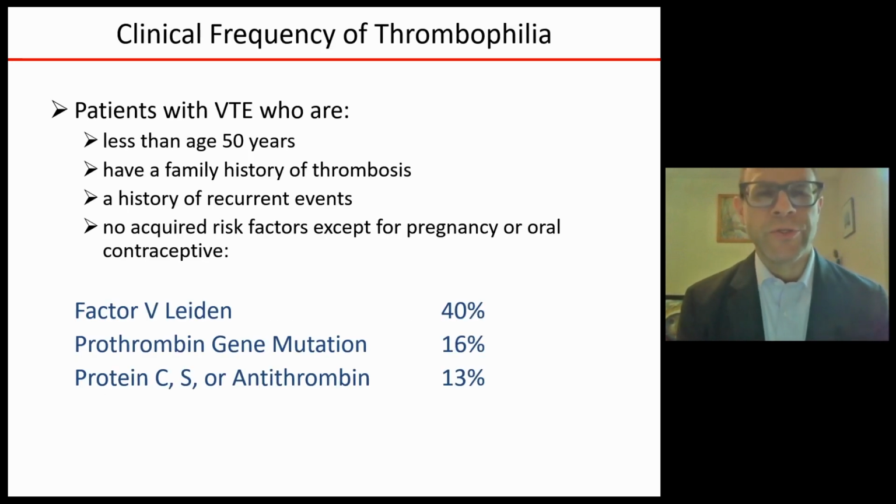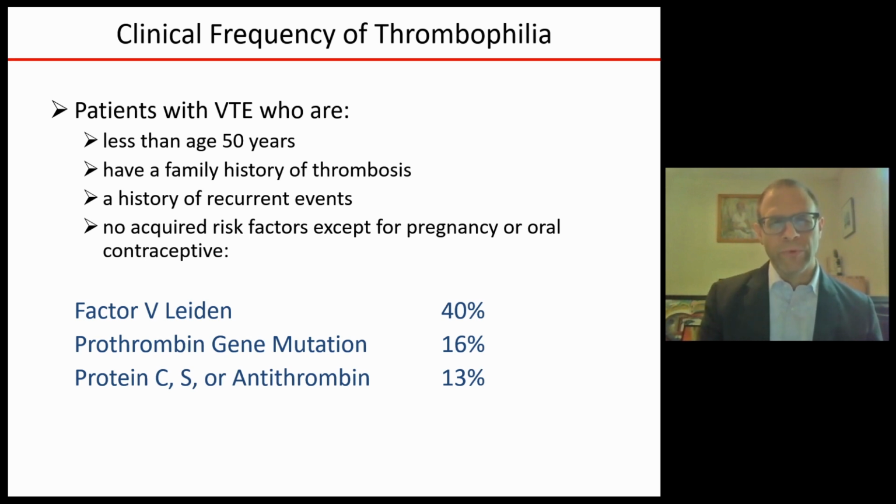The common question is, when do I test for these? Because we now recognize that it's not cost effective to test these in all patients with blood clots or all patients at risk for blood clots. And maybe there is debate about whether or not it's cost effective to test it at all. But there are situations when we do consider it. Most importantly, will it change our management? Will it extend the duration of our anticoagulation plan?